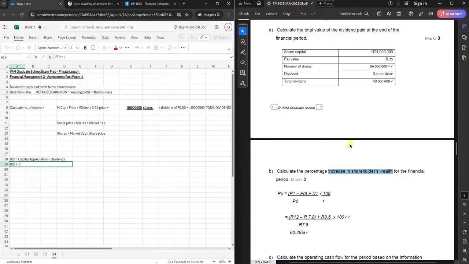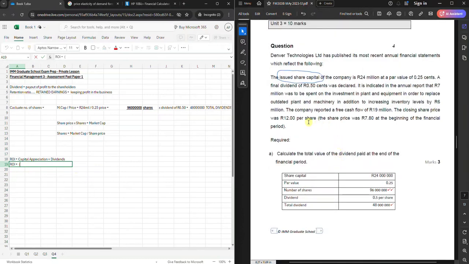The shares are worth 12 Rand, bought at 7 Rand 80. Divided by 7 Rand 80 gives capital appreciation, plus the dividend, which was 50 cents a share.